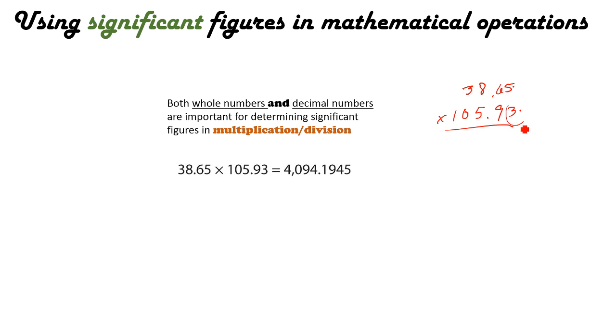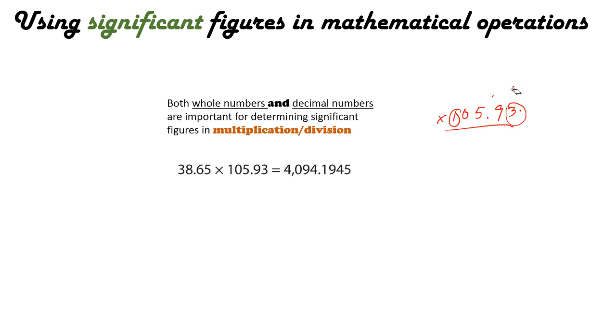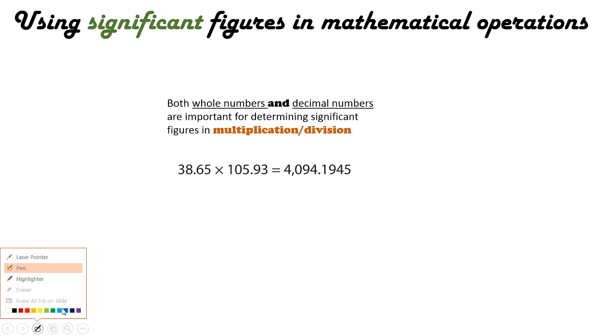So I'm going to take decimals and multiply them by whole numbers, and I'm going to take whole numbers and multiply them by decimals. It's the algorithm that we use to do multiplication. Because of that, I can't do this before the decimal and after the decimal separately, because all decimals are going to be multiplied by all whole numbers and vice versa. So I have to now look at all the digits in the number.